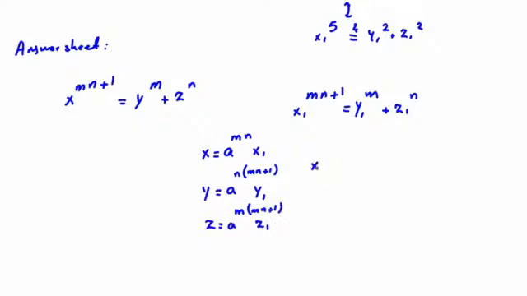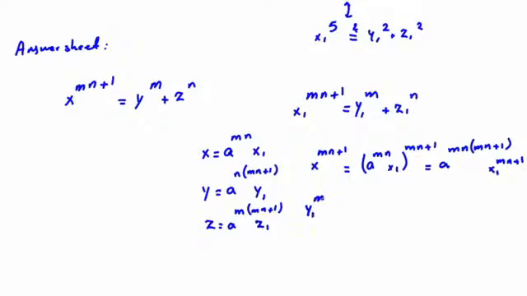So x to the mn plus 1 will be a to the mn times x1 to the mn plus 1, so it will be a to the mn times mn plus 1 times x1 to the mn plus 1.